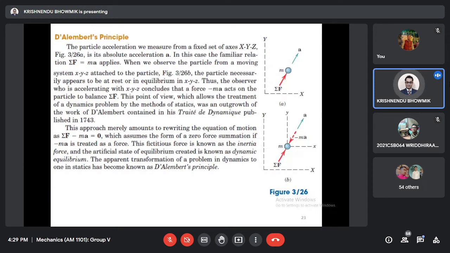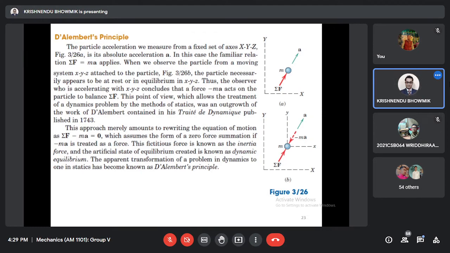Now, the last point is D'Alembert's principle. This is based on the French mathematician D'Alembert, in 1743. He told that Newton's second law of motion is not only applicable for the particle, but also for the three-dimensional body, and summation F equal to ma can be replaced by summation F minus ma equal to 0.